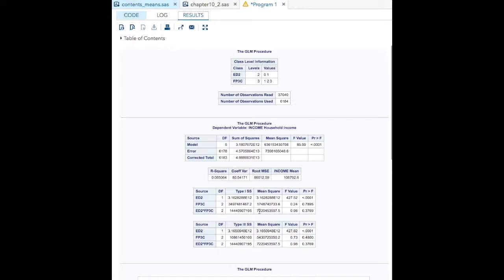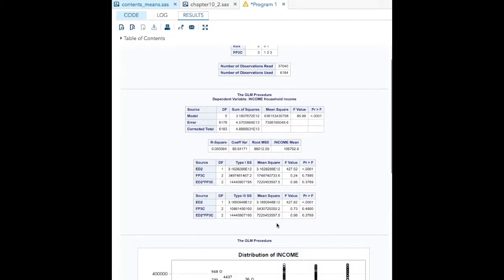But look here. So with literacy, that is again highly, highly significant, really ginormous F value. Family planning, not at all significant, tiny little F value. And the interaction of the two, not at all significant. So what it says is literacy of the mother is related to your income.